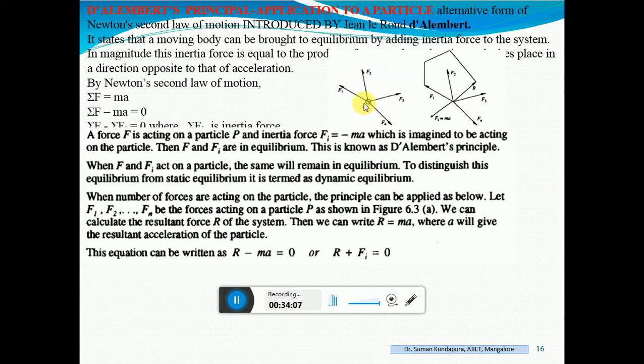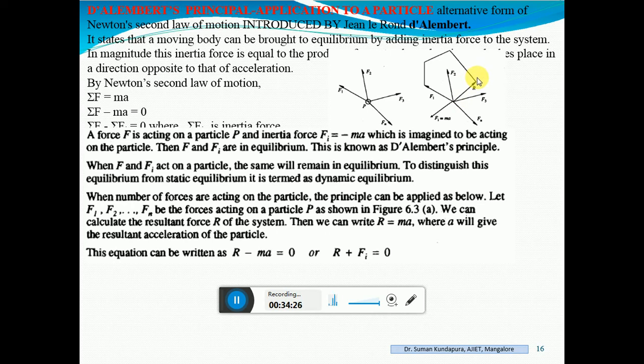So what happens to this particle? It will move in the direction of the resultant. Say F1, F2, F3, F4 produce a resultant R, then this particle will move in the direction of the resultant force R.